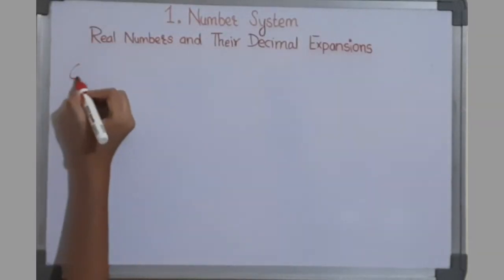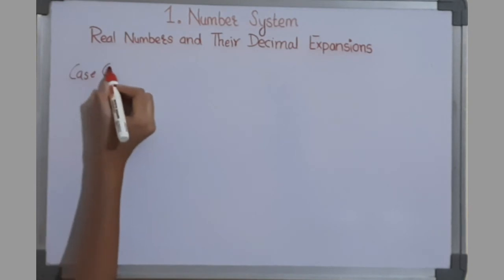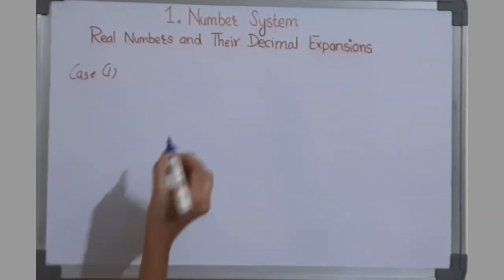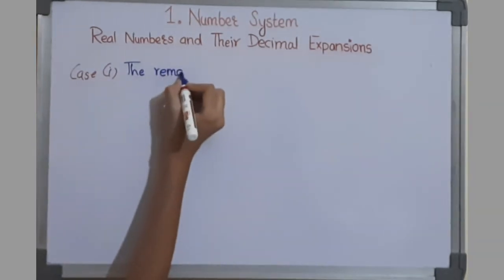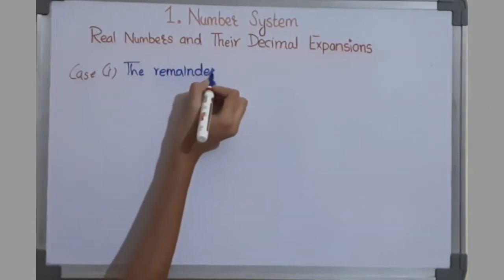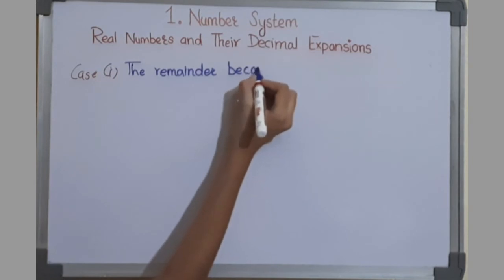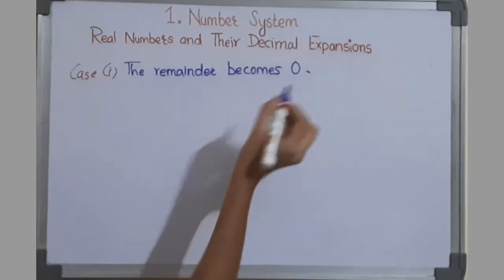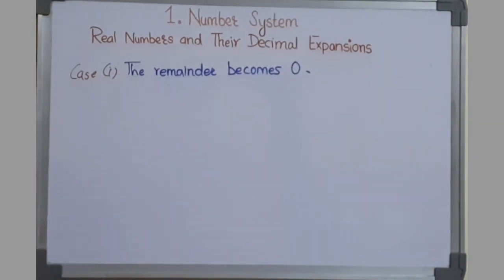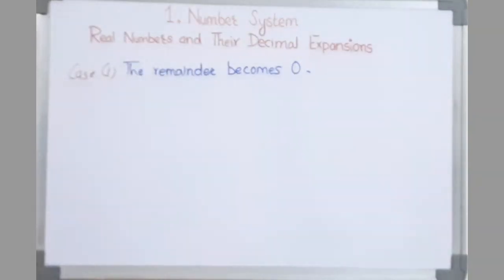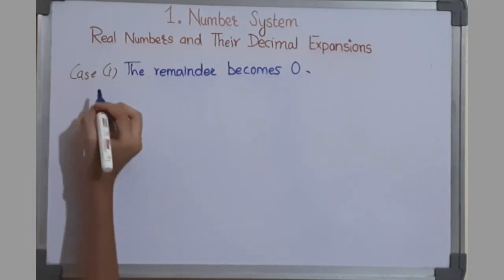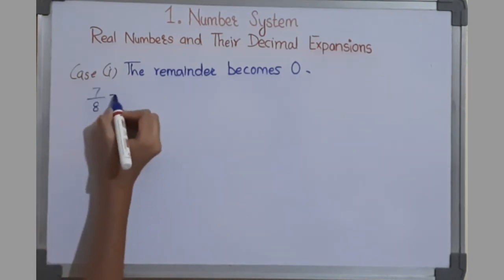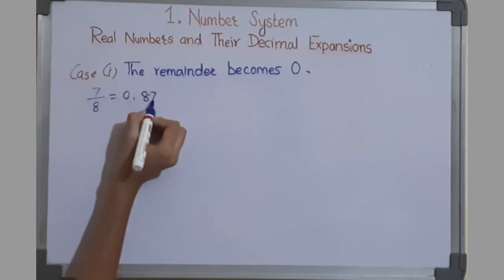Let us look at case 1. In case 1, the remainder becomes 0. In the example of 7 upon 8, we found that the remainder becomes 0 after some steps, and the decimal expansion of 7 upon 8 is equal to 0.875.